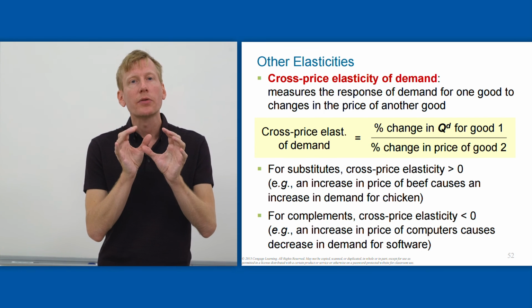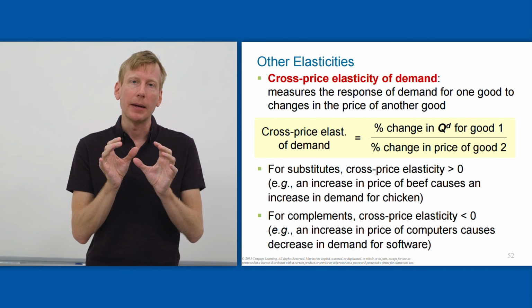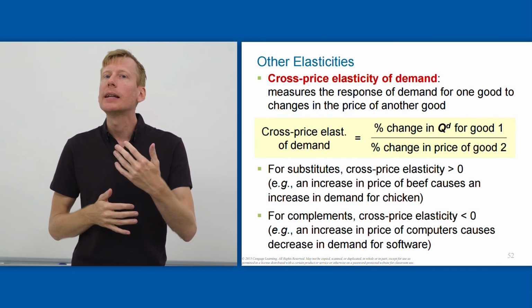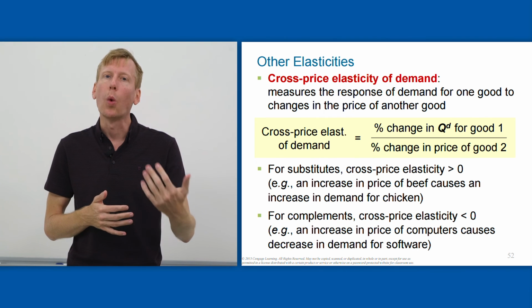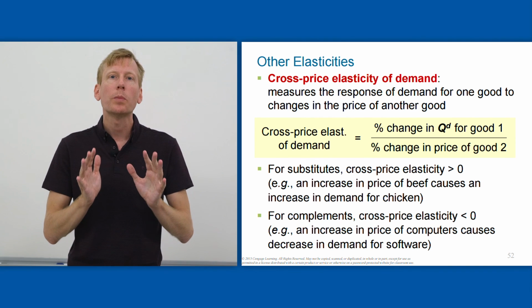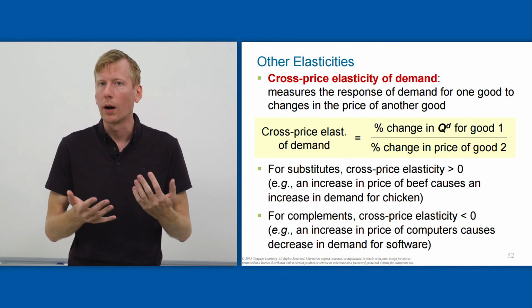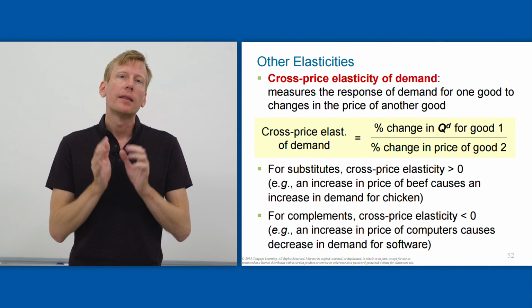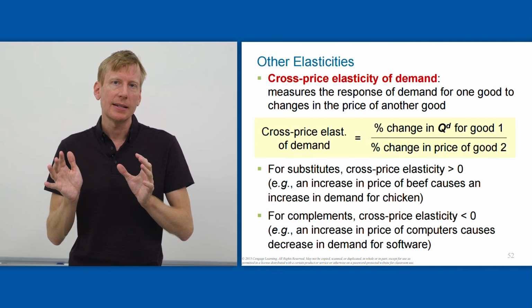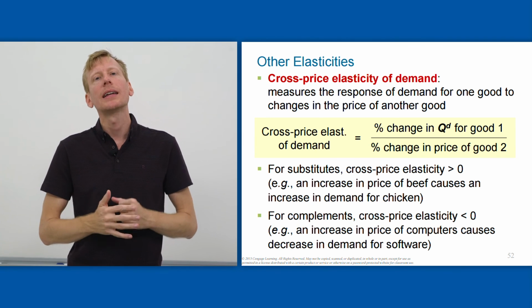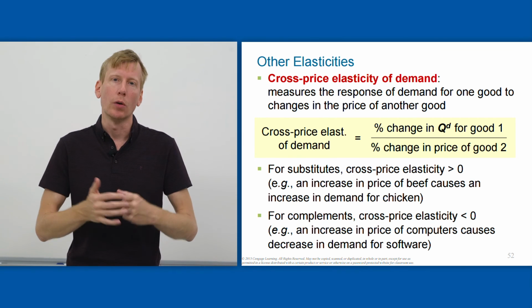Now, as we said, for the income elasticity of demand, a typical elasticity value is 1. As for the own price elasticity of demand, a typical elasticity is 1. For the cross-price elasticity of demand, a typical elasticity is 0.